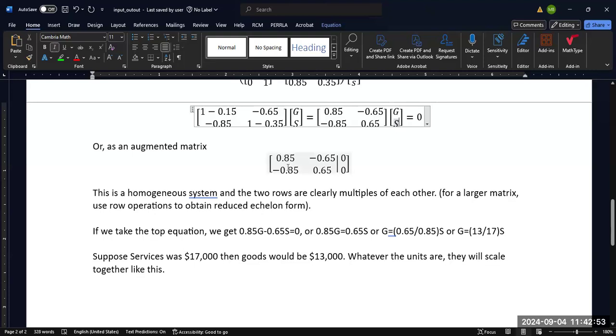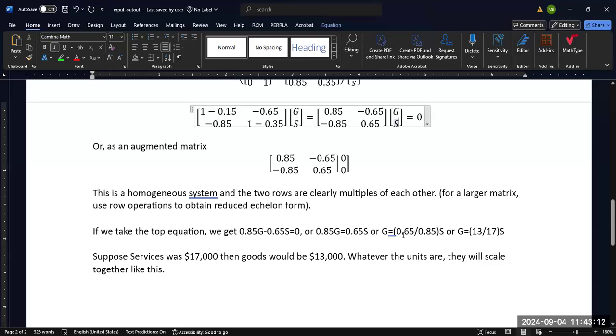So our top equation, 0.85g minus 0.65s, is equal to 0. And so we move the s to the other side of the equation, and then we divide by the 0.85. And what we end up with is g is 13/17 of s.